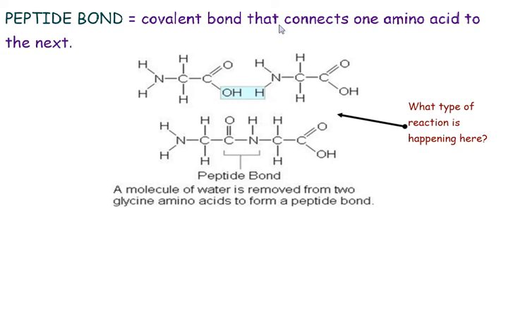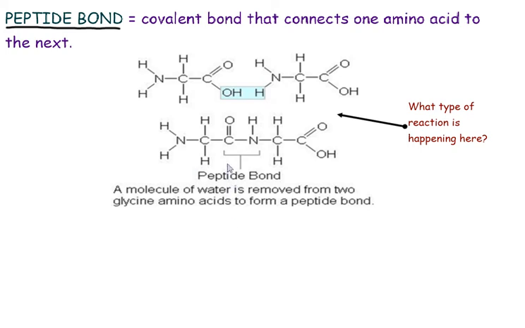Now, when we look at putting amino acids in a chain similar to your carbohydrates, instead of saying it bonds covalently, when we make that bond, we call it a peptide bond. So a peptide bond is one that is specific to proteins. Amino acid bonding to amino acid.